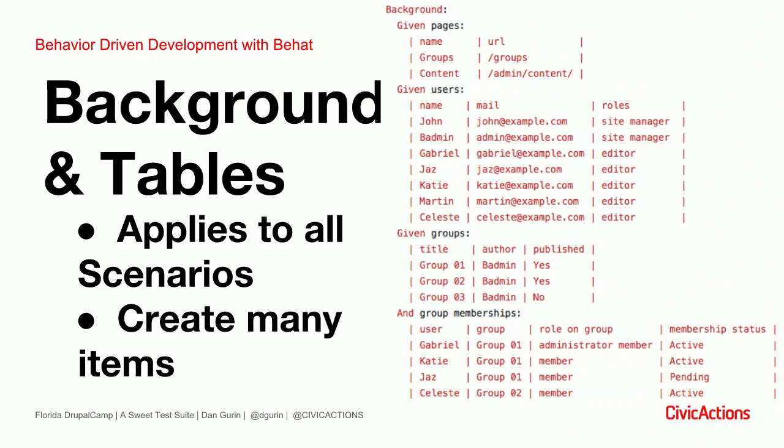I'm pretty sure I stole this from Dcan. And yeah, it's pretty nice. Do you just put that above the scenario in the file? Yeah, you just start it with this Background colon, and then that will apply to all of the following scenarios.